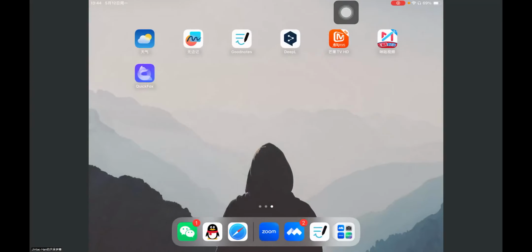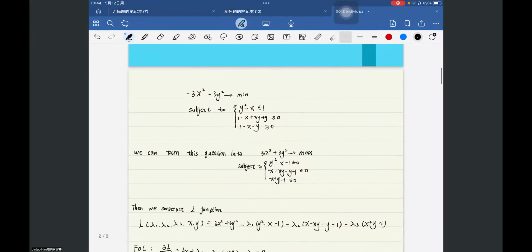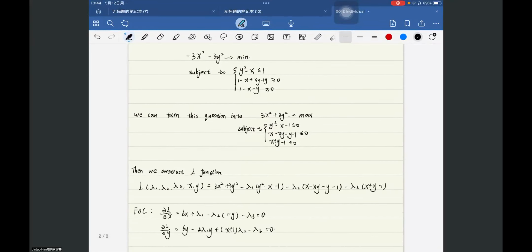Let's solve this optimization question. We can see the question is minus 3x squared minus 3y squared, and find this minimum.